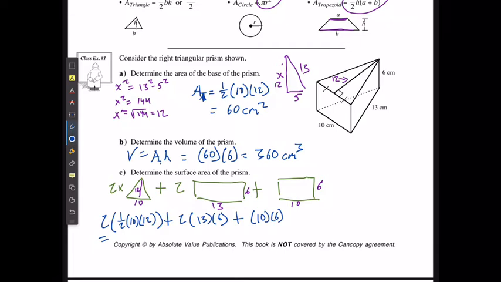All of these together are going to make 120 plus 156 plus 60, or a total surface area of 336 centimeters squared.